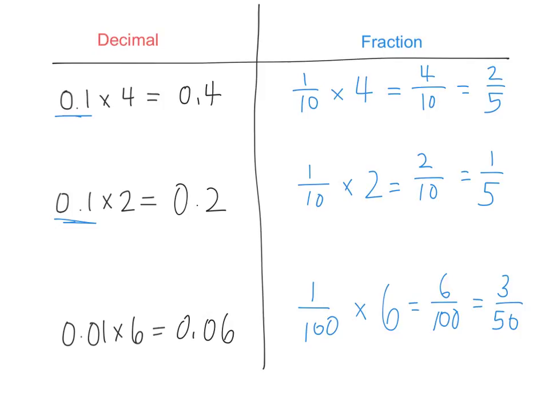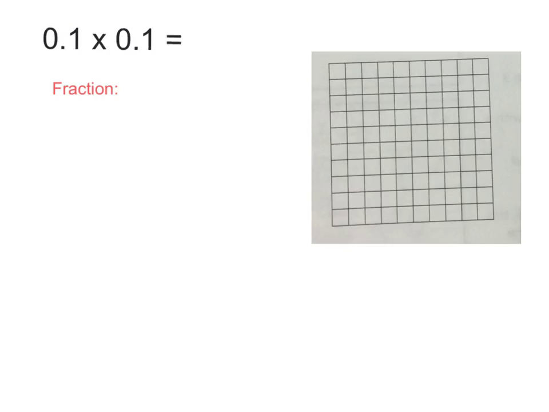So using this chart, we can see how we can write the same multiplication sentence as a decimal and as a fraction. Here we have a multiplication sentence, 0.1 times 0.1. Go ahead and write that down. Is that in decimal form or fraction form? Decimal form. Okay, so let's change it to fraction form. How can I write the first factor, 0.1, as a fraction? 1/10. What about the second one? 1/10.